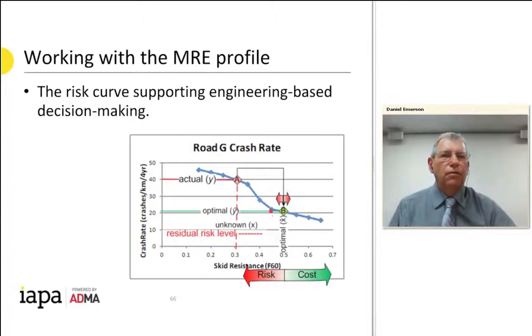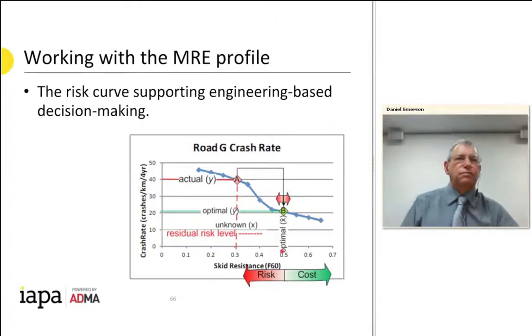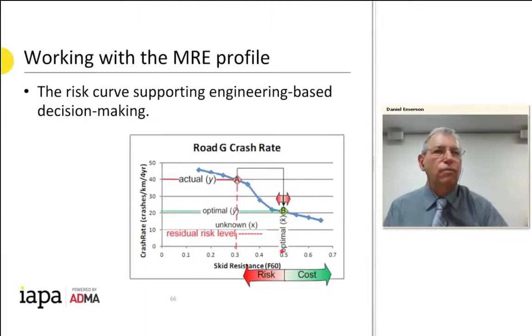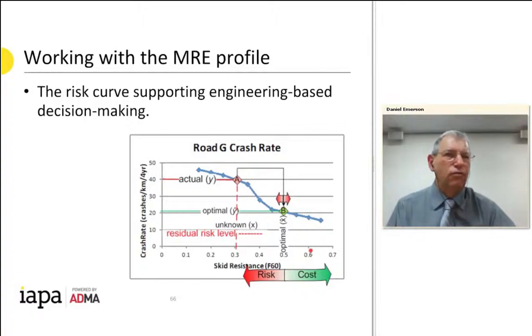And interestingly, we really want to get the road down below the residual crash level, and we can see this one actually terminates somewhat above that. And so by changing those, what have been the control variables in the past, we can redraw that curve, or attempt to redraw that curve to bring it down into that residual risk level.